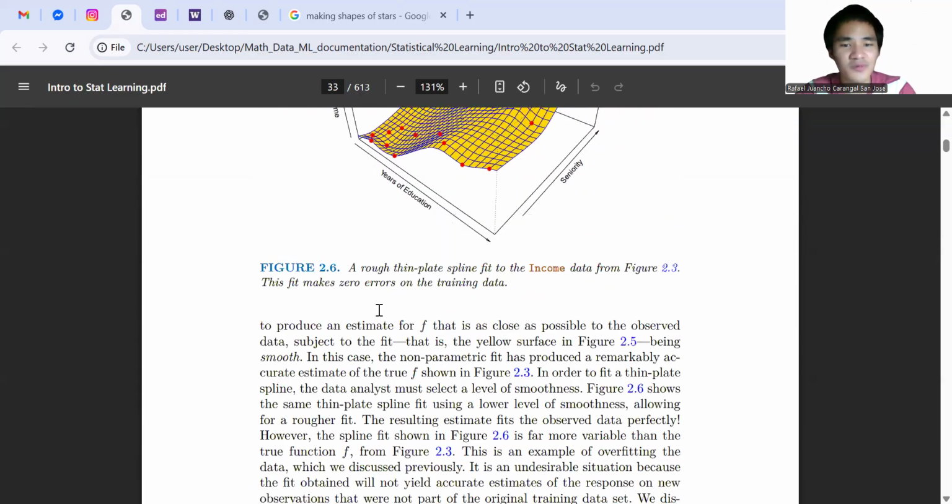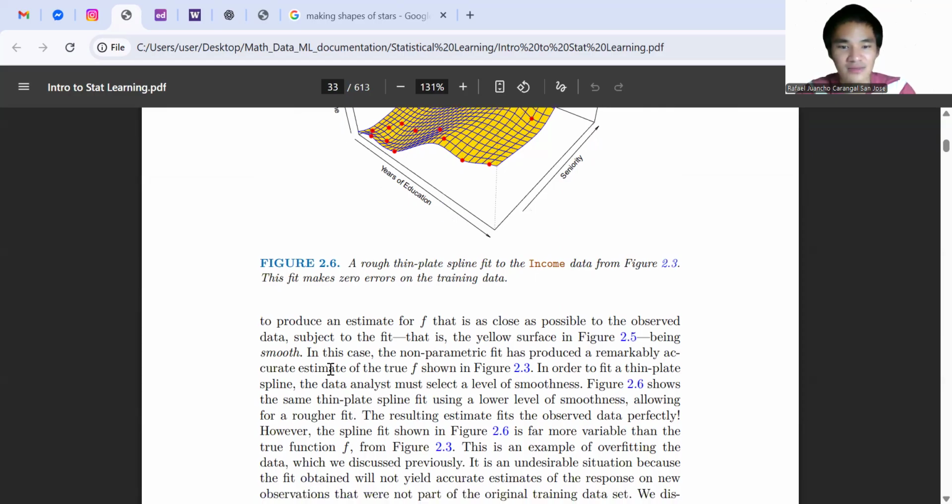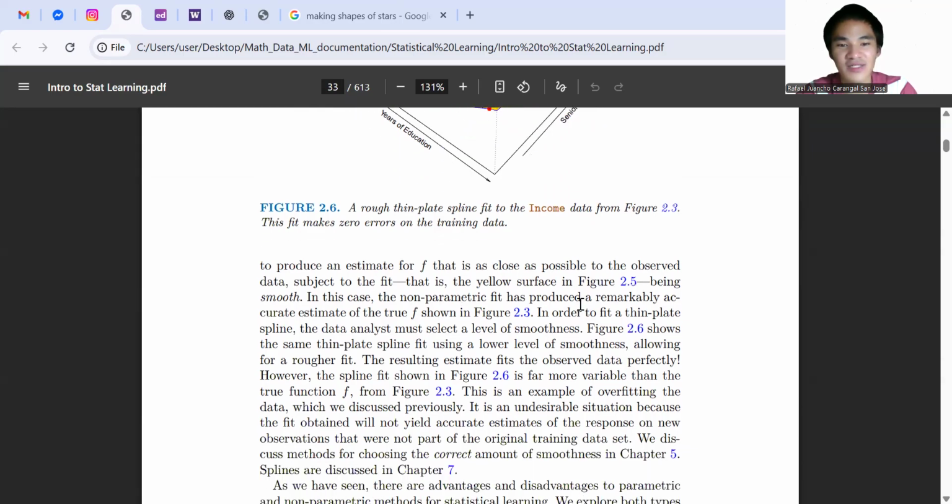Instead, it attempts to produce an estimate for f that is as close as possible to the observed data, subject to the fit, that is. And so that yellow surface in that previous figure is smooth. In this case, the non-parametric fit has produced a remarkably accurate estimate of the true f shown in figure 2.3. So in this case, it's a better estimate compared to a parametric approach to this data.